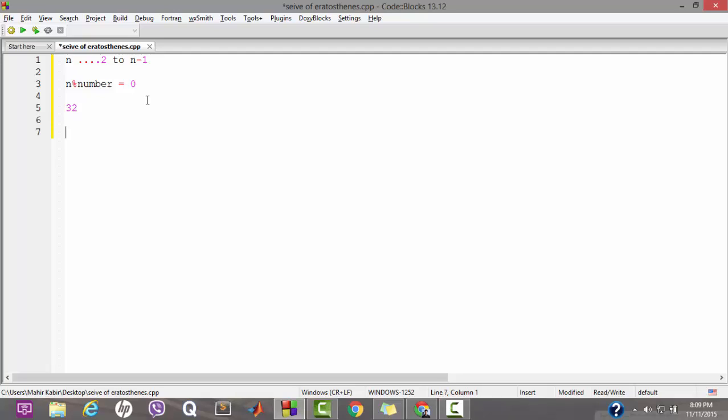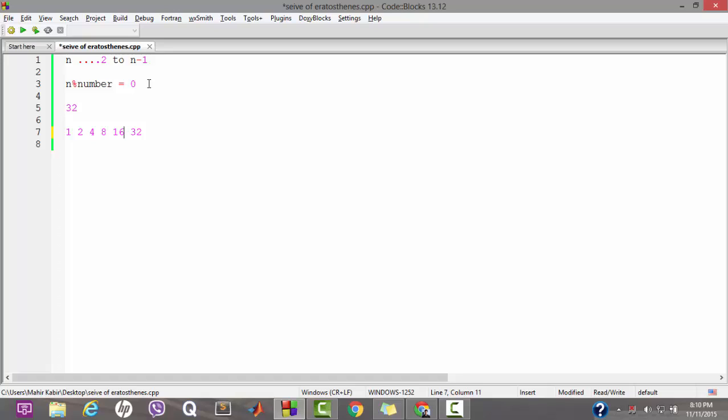So what are the numbers that can divide 32? That means what are the factors of 32? There are 2, 4, 8, 16, and 32 itself. Well, there is one also. Since we're only counting numbers lesser than 32, we'll be taking into account only these four numbers.